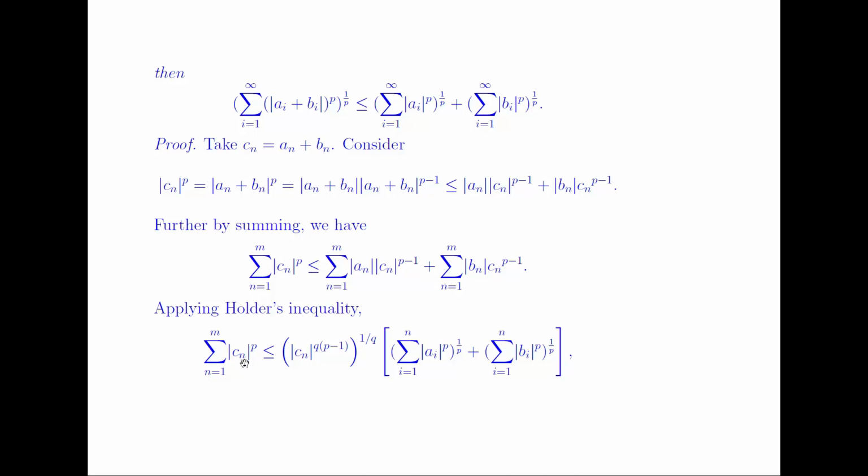So the summation of |c_n|^p is less than or equal to the summation of |c_n|^(q(p-1)) whole raised to power 1/q, into the summation of |a_i|^p whole raised to power 1/p plus the summation of |b_i|^p whole raised to power 1/p.